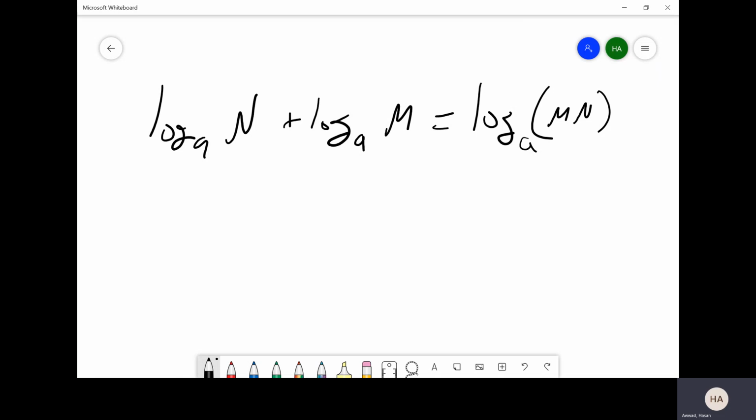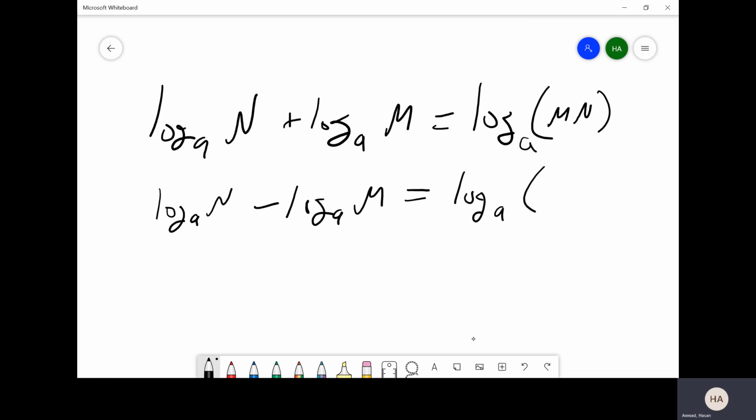And then we have the quotient rule, which says something similar, but it allows us to subtract our logarithms. If we have log base a of n minus log of the same base with some other value m, then it allows us to condense it into one single logarithm with the same base, but this time it is n over m. So addition implies multiplication inside the one logarithm, and subtraction of two logs implies a division.